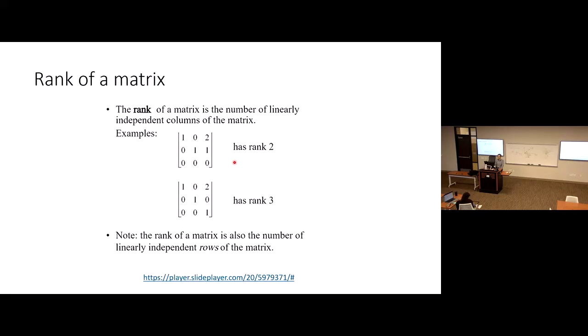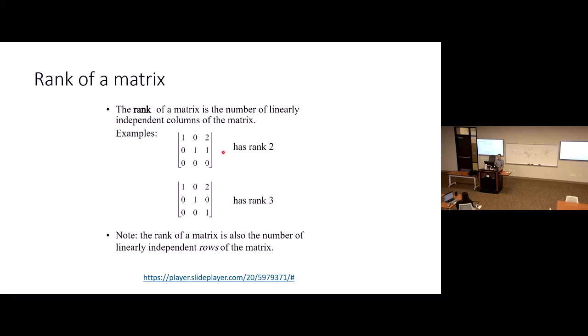That information will help you to compute the rank of a matrix. If you have some redundancy, for example, this third column can be decomposed into the first column times 2, or the first column added to itself, then add the second column in order to get the third column.